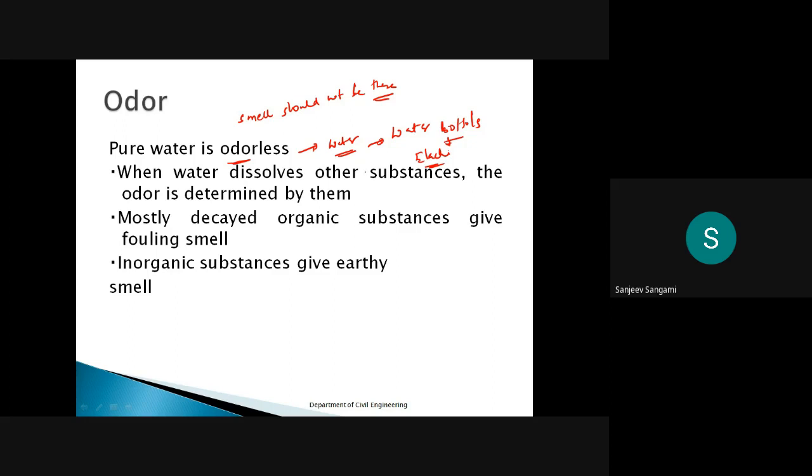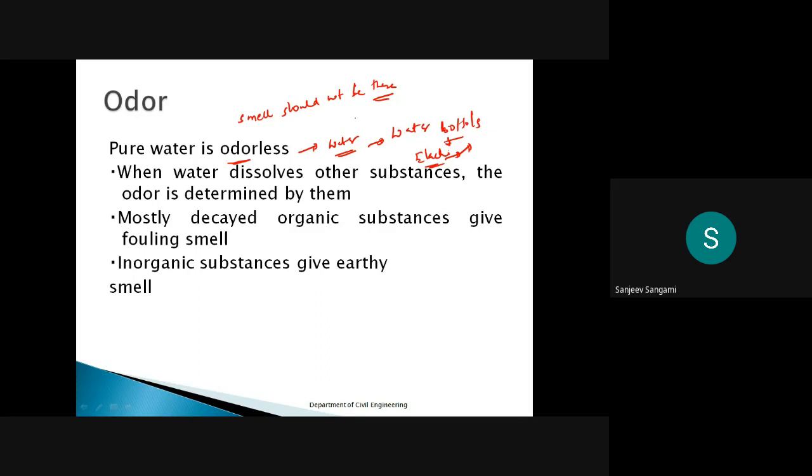They have added ilachi and such things. Until 2 years back the permission was given, but now it is not provided, because the guidelines say that drinking water should be free from any odor. Odor should not be there.